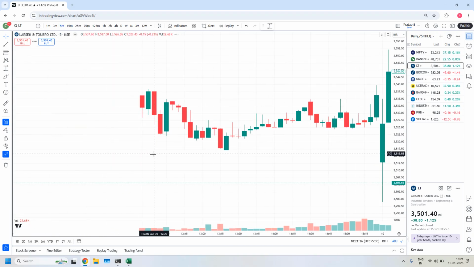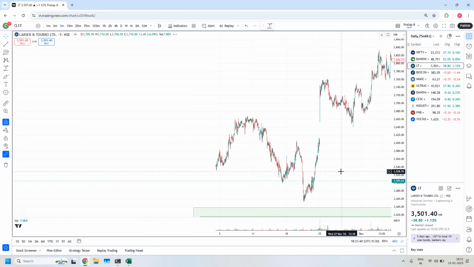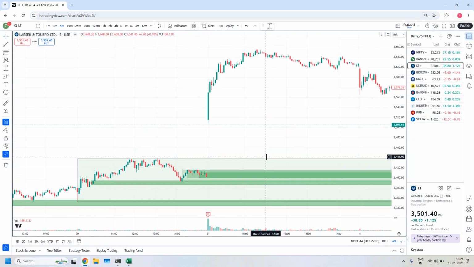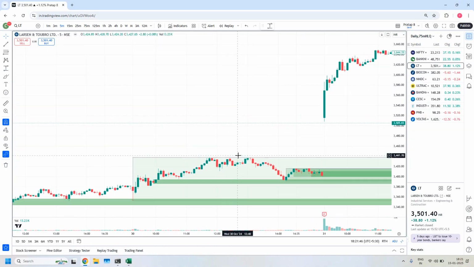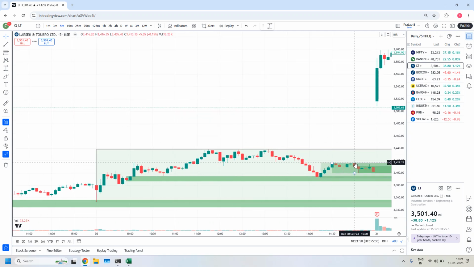So I'm going to the 5 minutes time frame. See, this looks like a drop candle, 1, 2, 3, 4, 5 base candles and a rally candle, right?